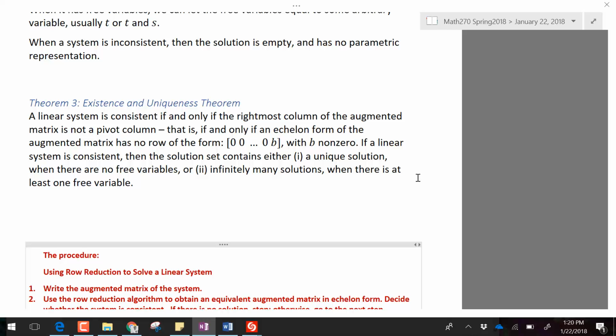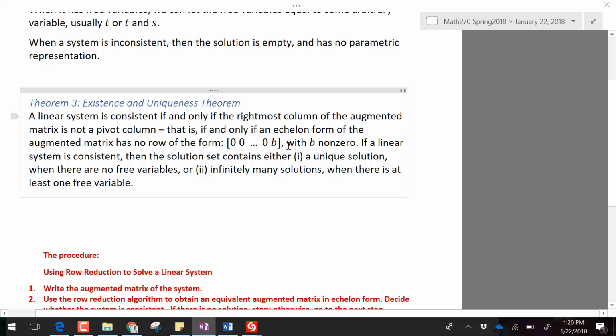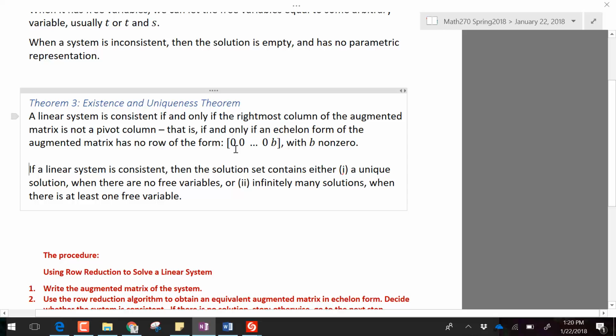That is, if you have a reduced row echelon form, and you got that last row, or any row, as 0, 0, 0, and then the augmented part is a non-zero number, what you essentially have there is 0 is equal to a non-zero number, which would be inconsistent. So if you happen to come up with a row that looks like this, then your system is inconsistent.